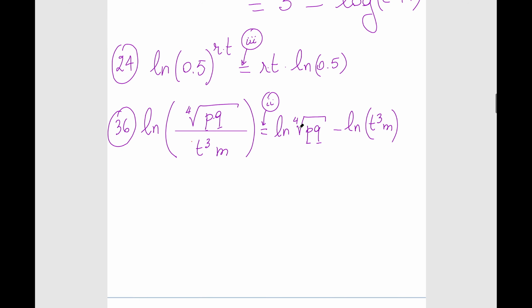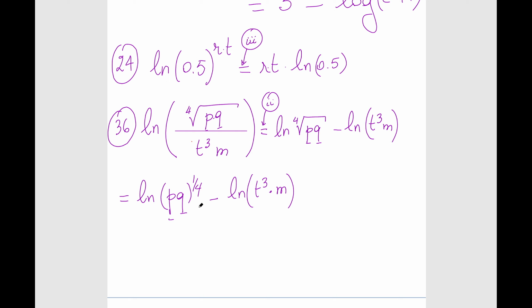Now, what's the nature of this guy? Well, remember fourth root means power 1/4. This is just a notation. It's minus ln of t cubed times m.